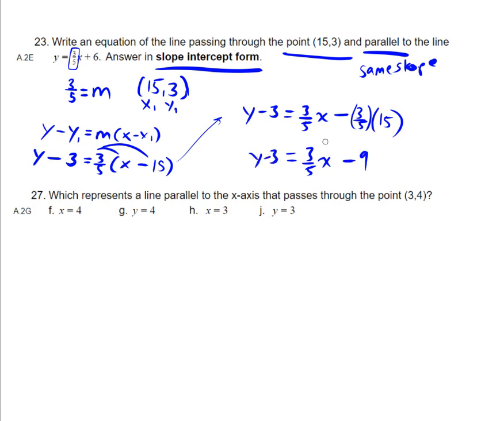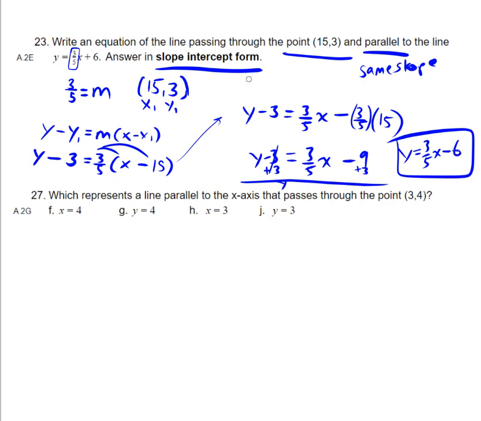Now, I've seen a lot of people forget this minus 3 over here, but you have to deal with that minus 3 by adding 3 to both sides. And you get y is equal to 3/5 x minus 6. And that right there is my final answer, and it is in slope-intercept form.